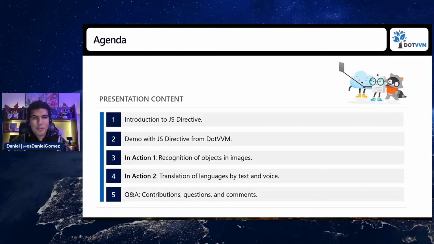We will have one demo to see how the JS directive from DotVVM works, and then we will review two amazing demos: the first to learn how to recognize objects in images, and the other a translator of languages by text and voice, both in a DotVVM web application. Finally, we can see other resources as well. So we can get started.